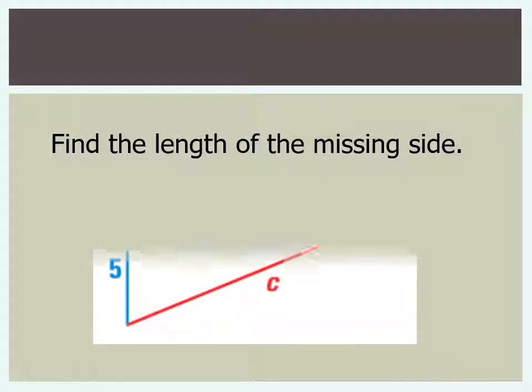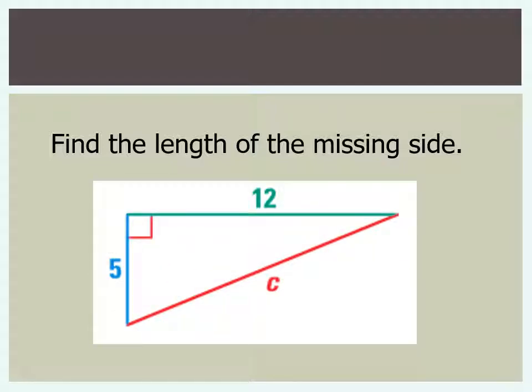Let's go ahead and find the length of the missing side. We've got the following triangle with legs A and B equal to 12 and 5. It doesn't matter which one we label which, as long as they are the two legs. So we'll just call this one leg A, which is 12, and leg B equals 5.